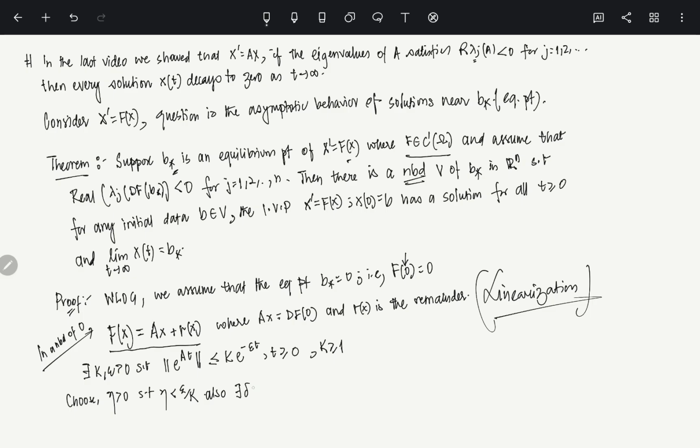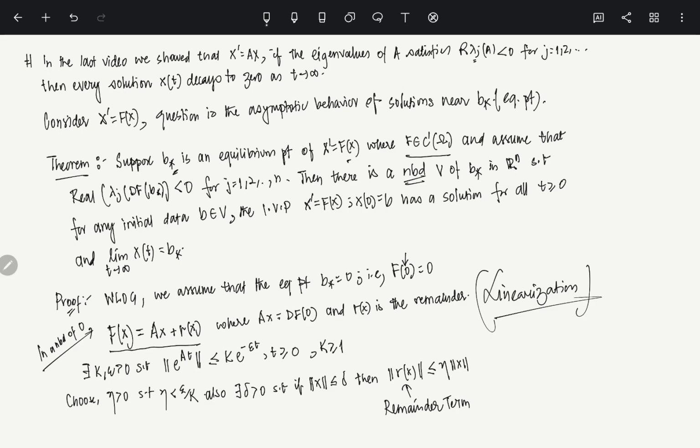There exists delta positive such that if norm of x is less than or equal to delta, then norm of r of x, the remainder term of the Taylor expansion, will be dominated by eta times norm of x. That's just the definition of the remainder term, so we can always do that.